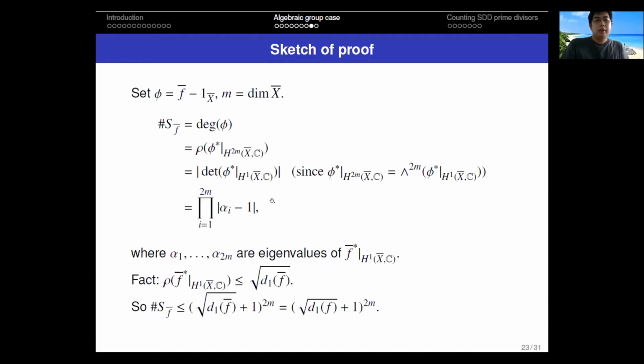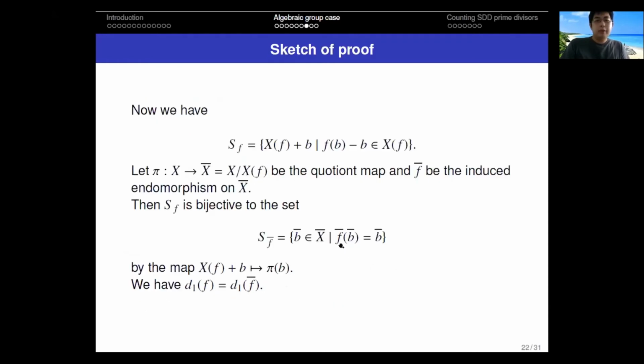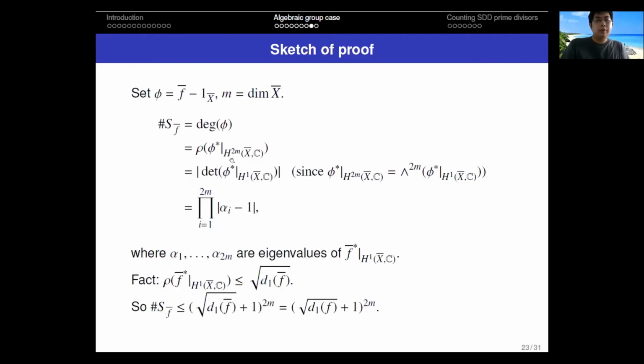The fixed point set of F bar is just the zero set of this phi, F bar minus identity map. So we set phi by this, and we set M as the dimension of X bar, then we can compute the cardinality of S_F bar.